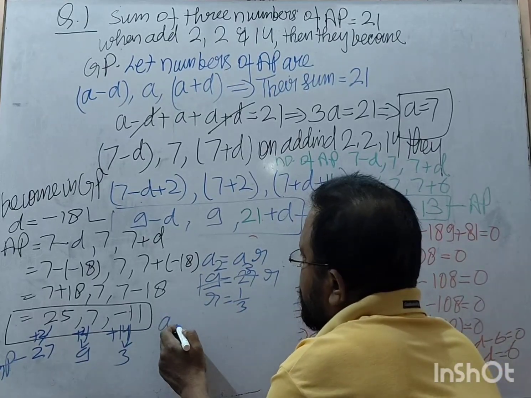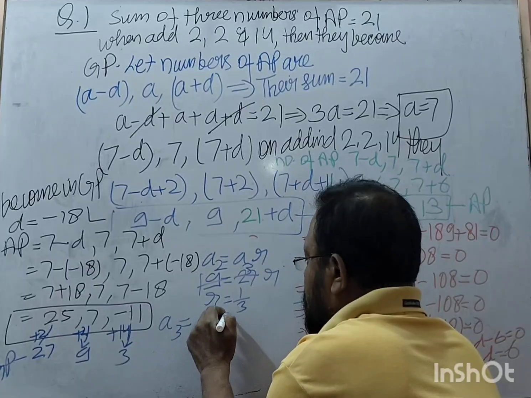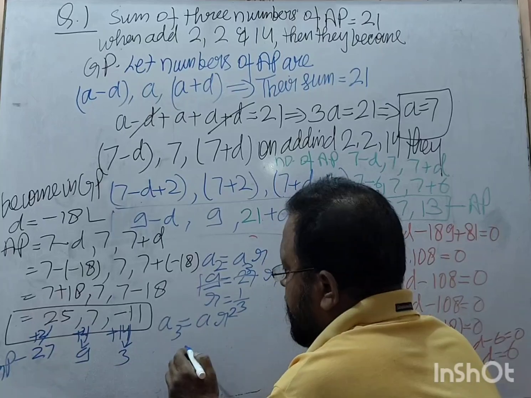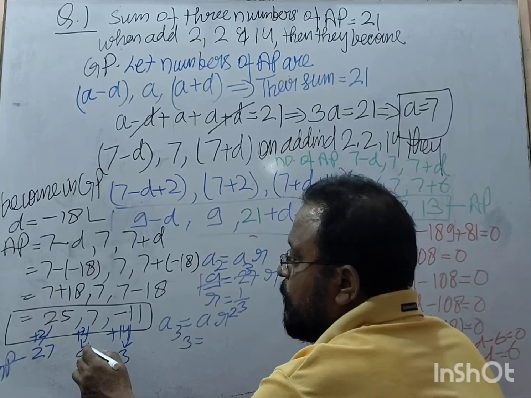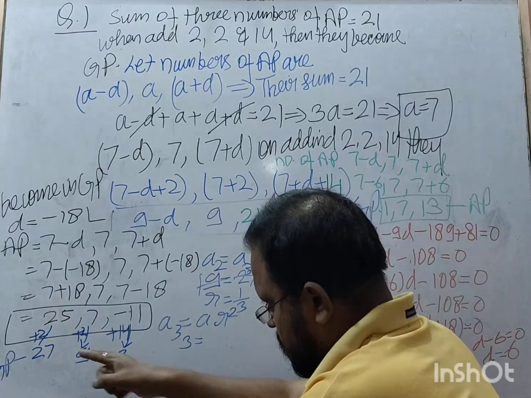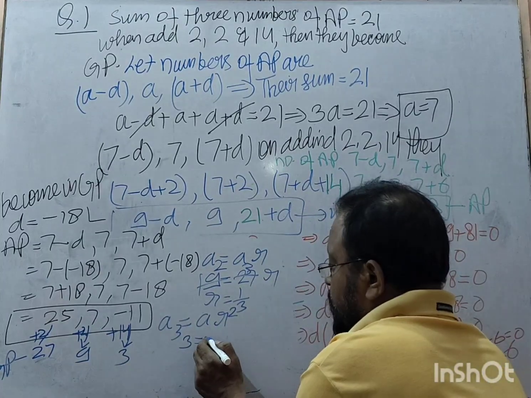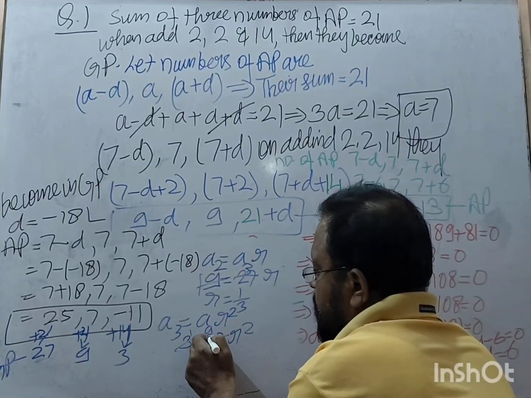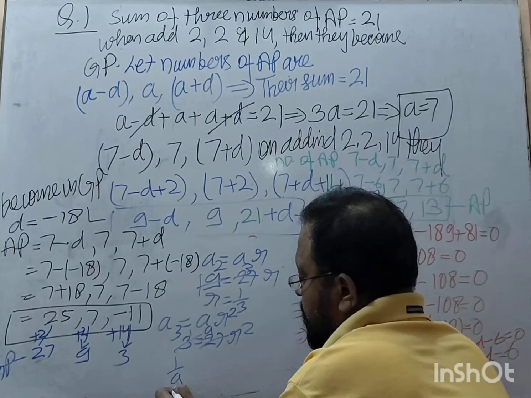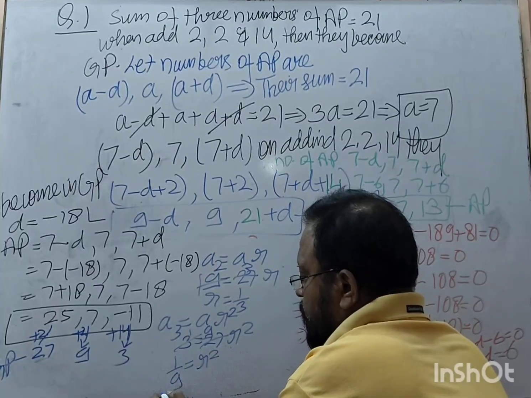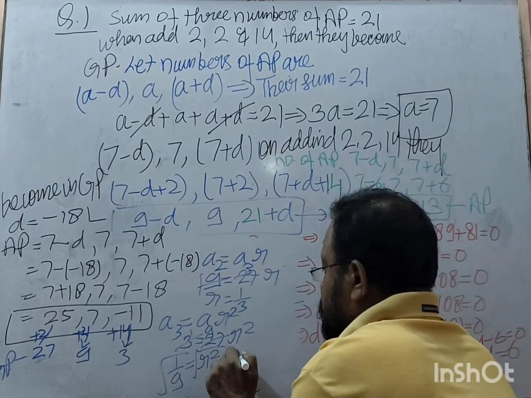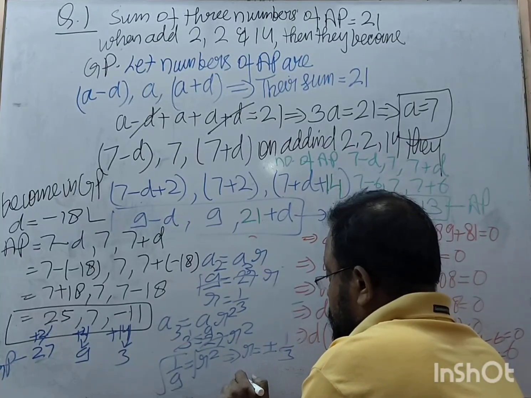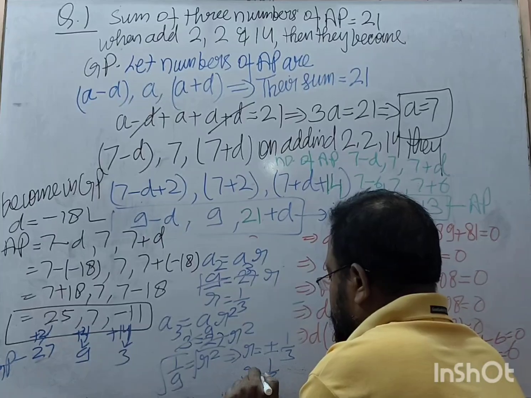And when we take a3 is equal to a r square, a3 is 3, so 3 is equal to 27 r square. So 1 upon 9 is equal to r square. Taking root on both sides, we get r is equal to plus or minus 1 upon 3, so r is equal to 1 upon 3.